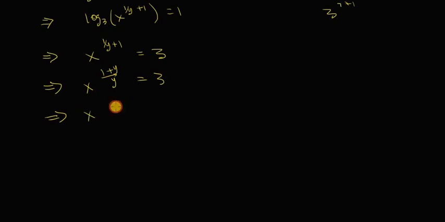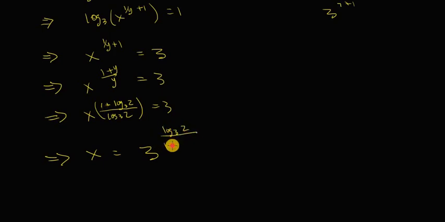Now, eventually, it's going to be 1 plus log base 3 of 2 over log base 3 of 2, to the power of all of that, is equal to 3. Now this means that x is equal to 3 to the power of, and now I invert this, log base 3 of 2 divided by 1 plus log base 3 of 2.